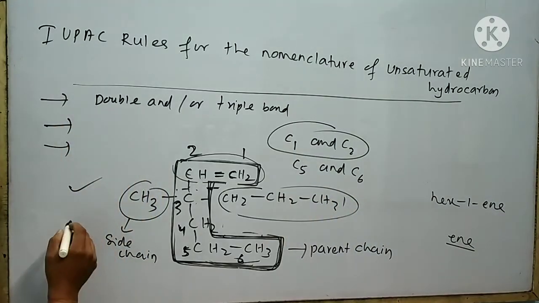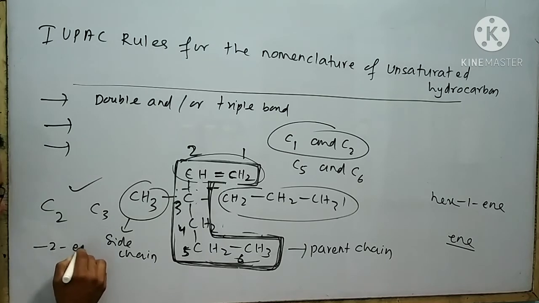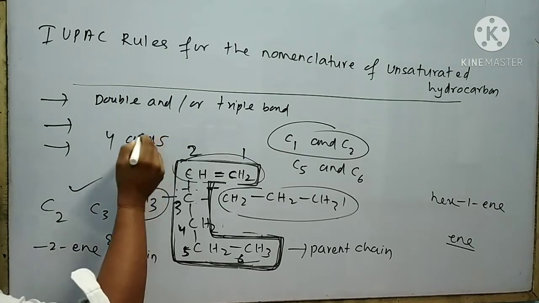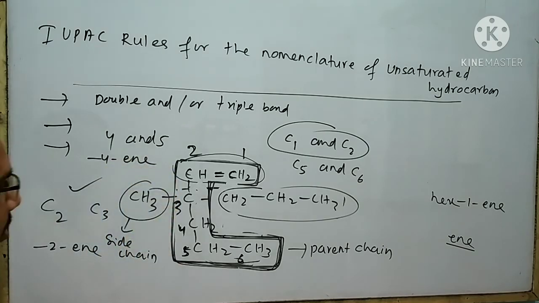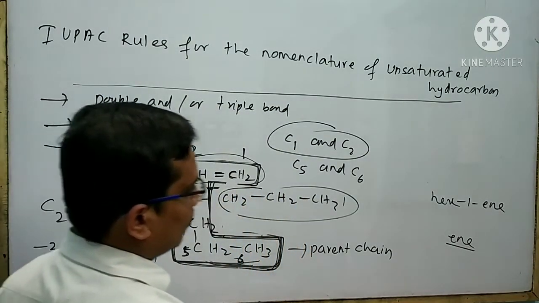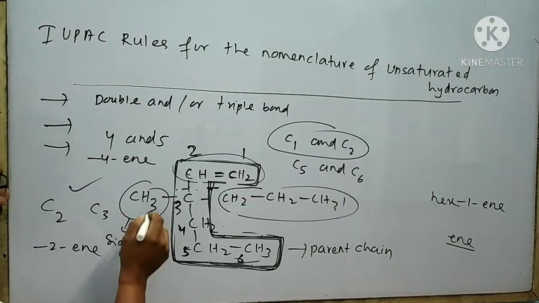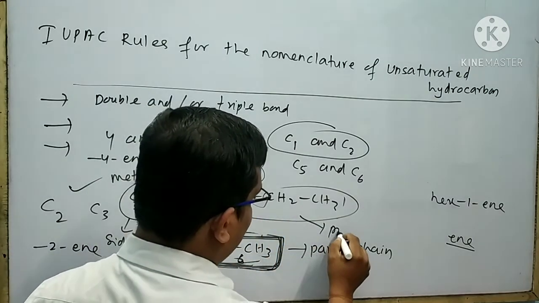Suppose the double bond is present between 2 number carbon and 3 number carbon, then it is bound to write 2-ene. Look at that, here the double bond is present between carbon 1 and carbon 2, so it is bound to write 1-ene. The name of this side chain is your methyl. The name of this side chain is your propyl.